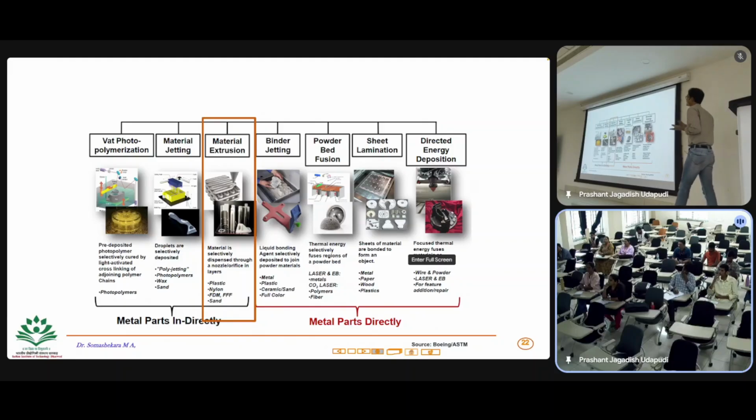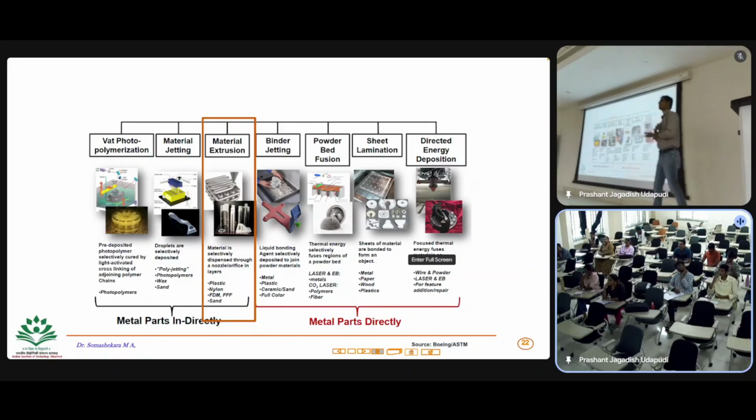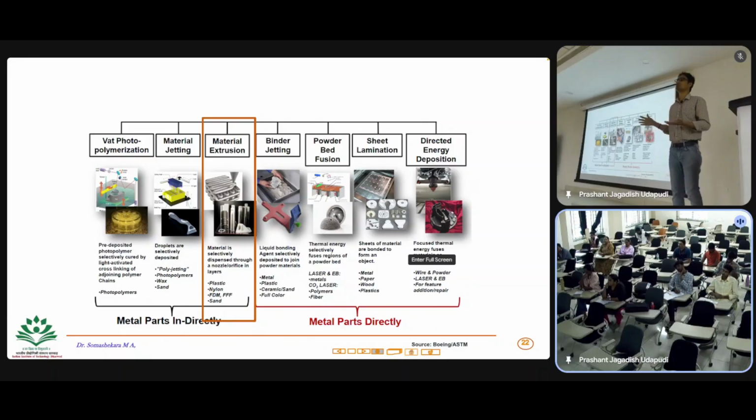So binder jetting is another technology where you think about spreading the powder, or the polymer powder, right? And then you put the binding material selectively in the region wherever you want to form the layer, right? So the binder will help form the bond between the powder, right?